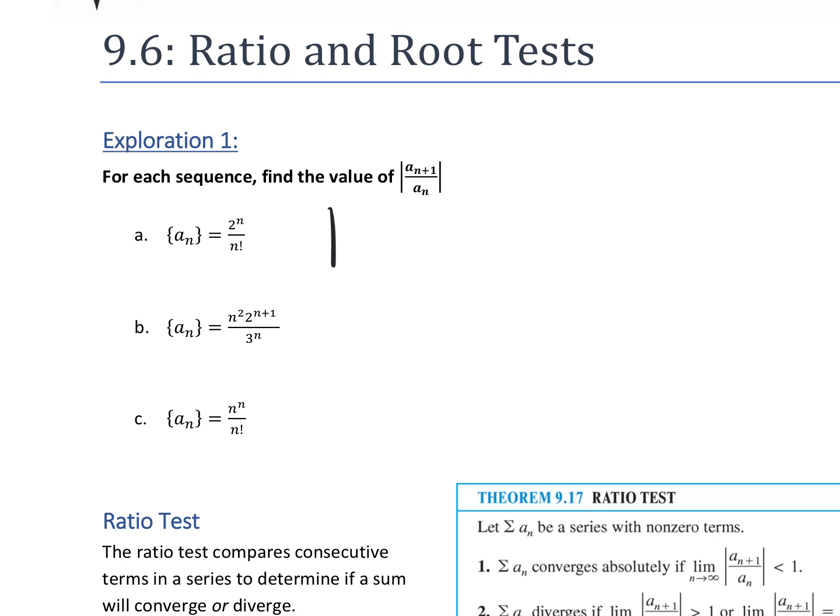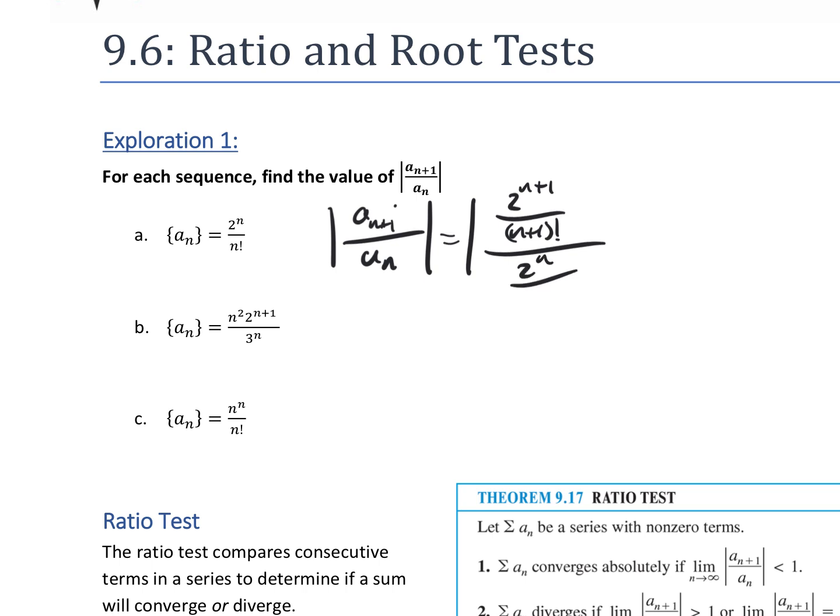So the absolute value of a sub n plus 1 divided by a sub n is going to be, well, we have 2 to the n plus 1 divided by n plus 1 factorial, divided by 2 to the n over n factorial.